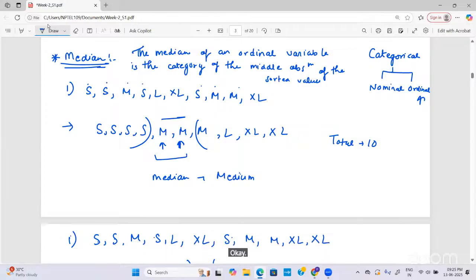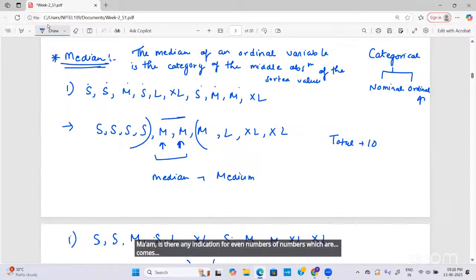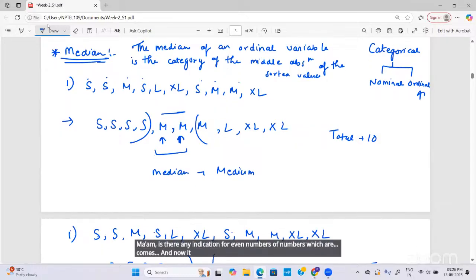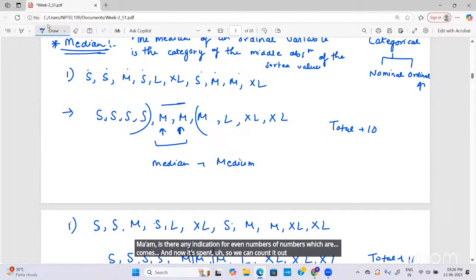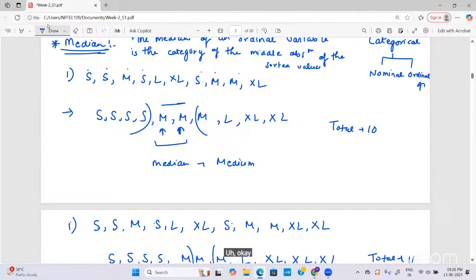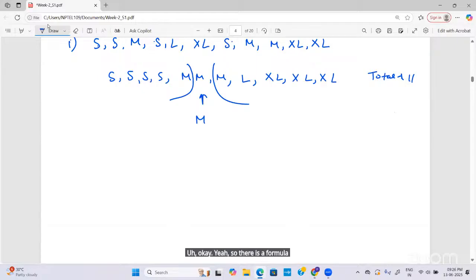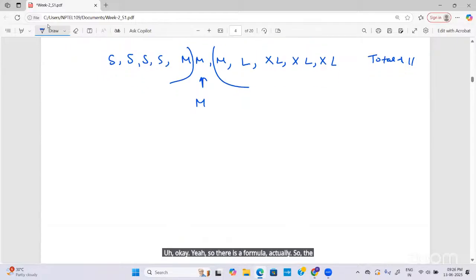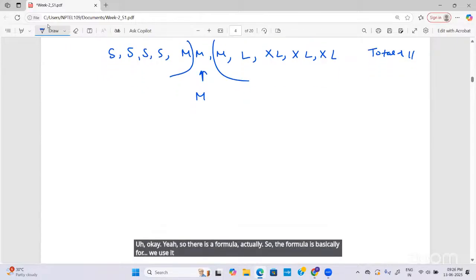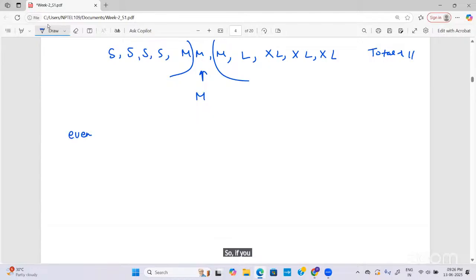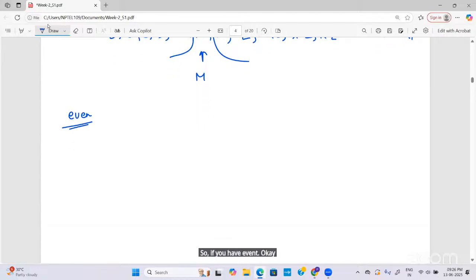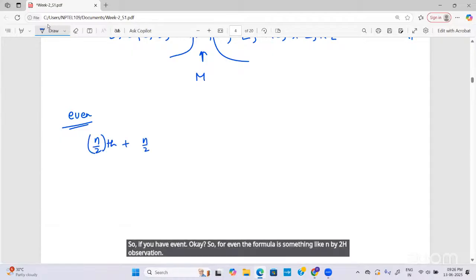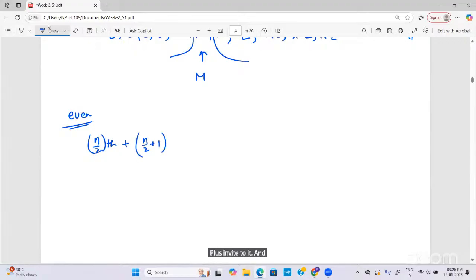Ma'am, is there any equation for even numbers? Now it's 10, so we can count it out, but if it comes to 90 or 100. Yes, there is a formula actually, which we use for a numerical variable. For even n, the formula is the n by 2th observation plus the n by 2 plus 1th observation, divided by 2.